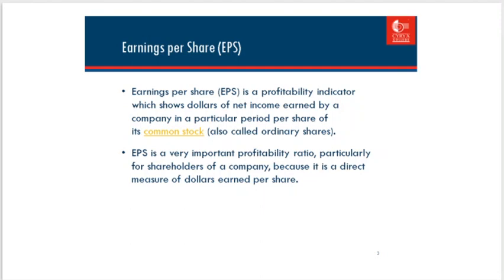EPS comes in two flavors: basic EPS and diluted EPS. Diluted EPS is a worst-case EPS which calculates the net income attributable to each share of common stock under the assumption that all such financial instruments of a company which can be converted to common stock are indeed converted.